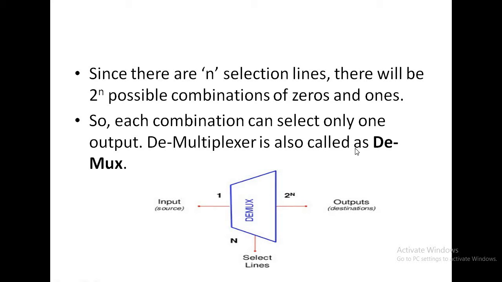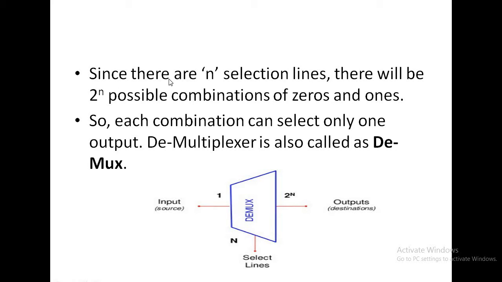See, this is the block diagram of your demultiplexer. Only one input line is there and n selection lines are there, and depending upon n, 2 to the power n output lines are present. If 2 selector lines are there, 4 output lines are present. If 3 select lines are there, 8 output lines are present.